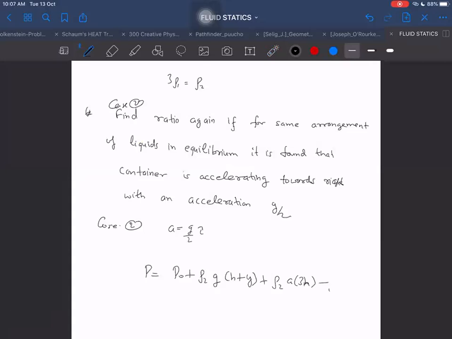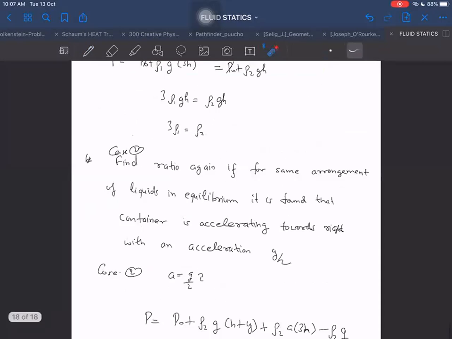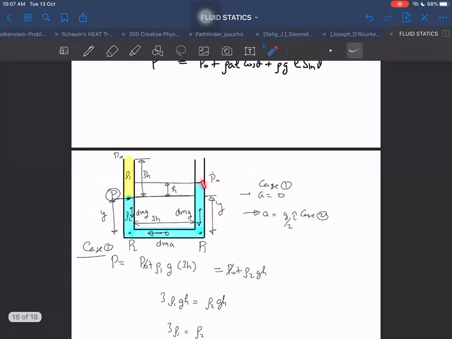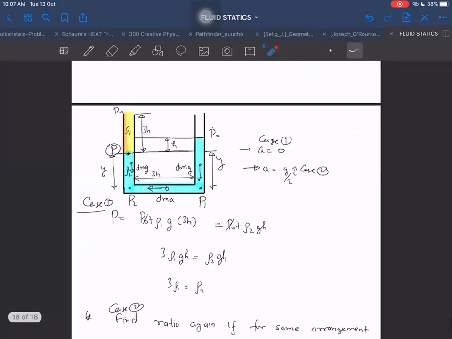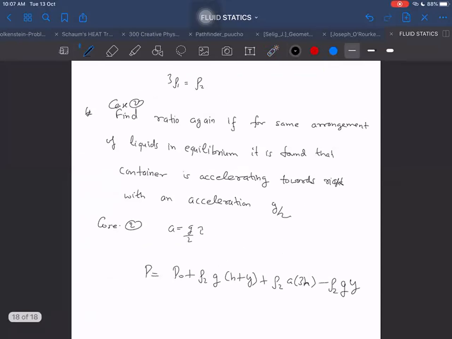Because it is decreasing as we are going against the gravity, rho 2 into g into this y. That is it, that is P. Now start from the other side. Now go from here to here, simple. Just rho 1 into g into 3H.